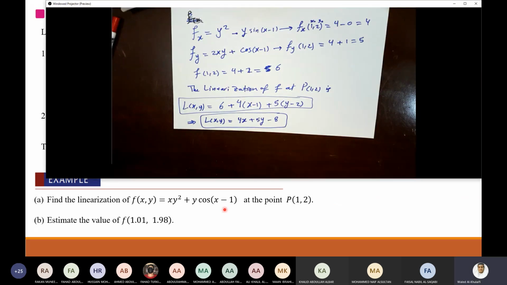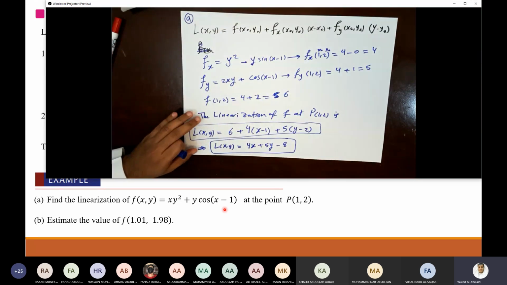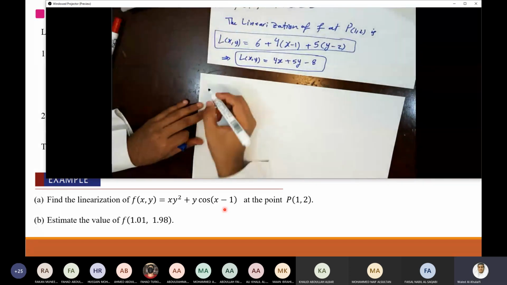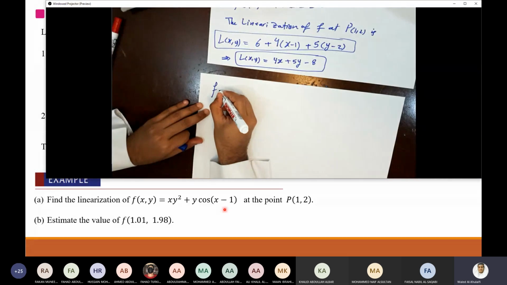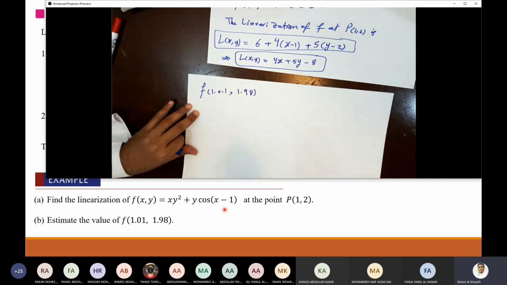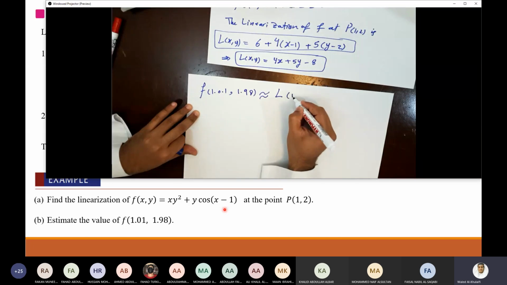Because what we did, we solved part A. Now part B says estimate the value of this function, so we want the value of the function at (1.01, 1.98). Now I'm going to estimate it by substituting these numbers. Okay, sorry, I forgot here.